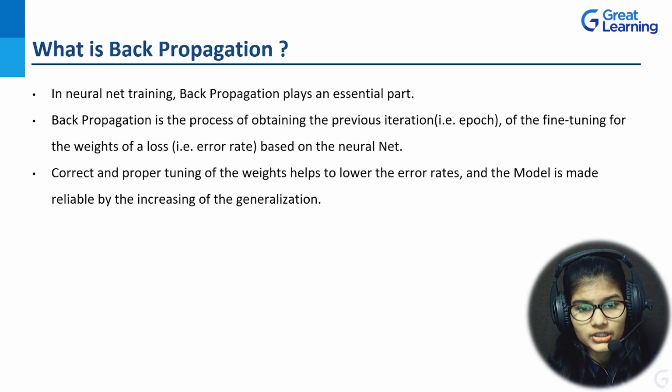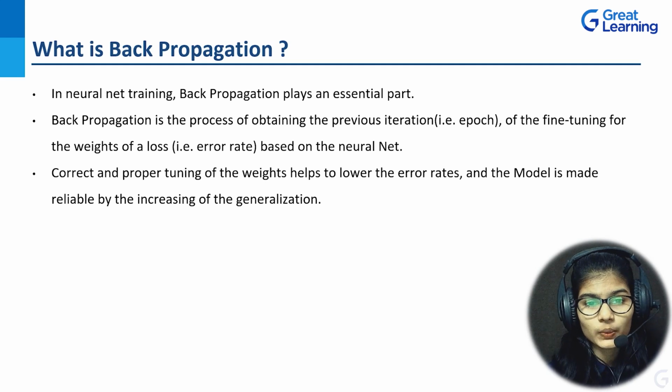Okay. So in the back propagation definition, I told you that it's a process of obtaining the previous iteration of the fine tuning for the weights of a loss, right? I did mention the weights of a loss. So now why is that for the fine tuning? Because correct and proper tuning of the weights helps you to lower the error rates.